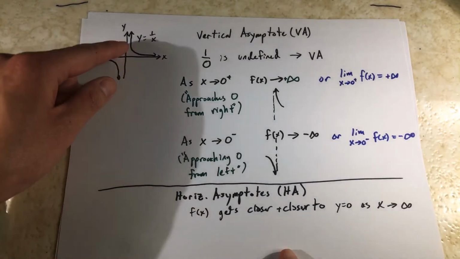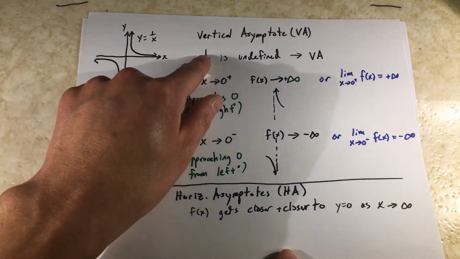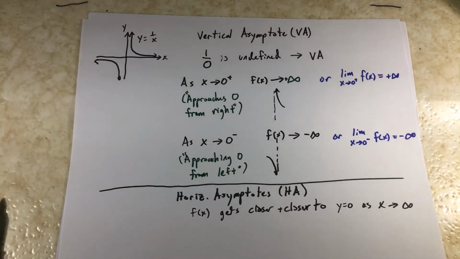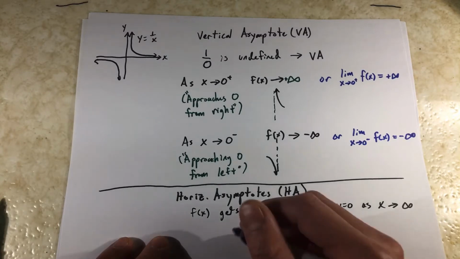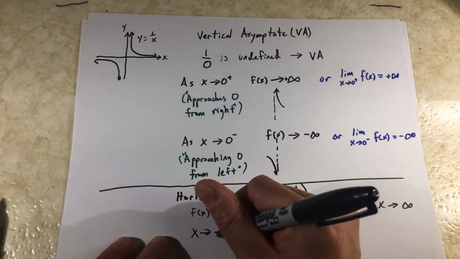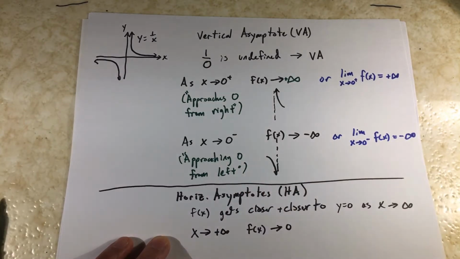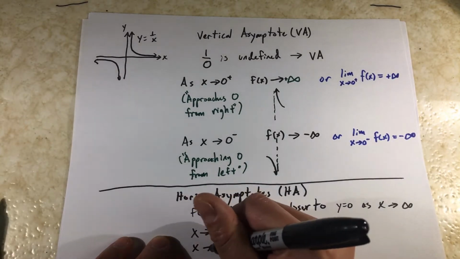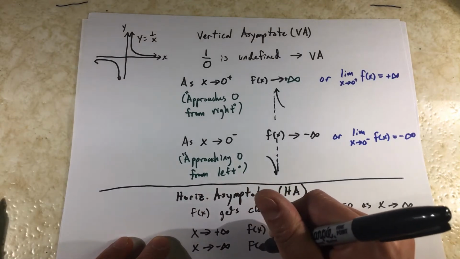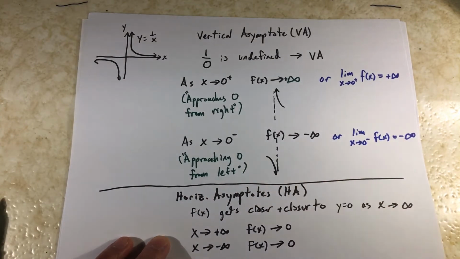So as x goes to infinity, you can see that this line gets closer and closer to that y equals 0 line. All right. And again, there's a similar kind of notation, which is that as x approaches positive infinity, f of x approaches 0, it approaches that asymptote, and as x approaches negative infinity, f of x also approaches 0.